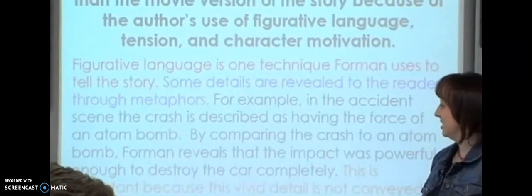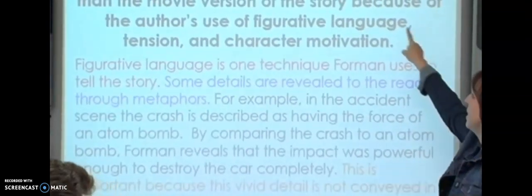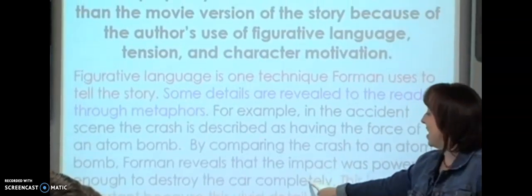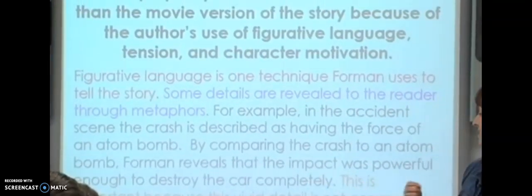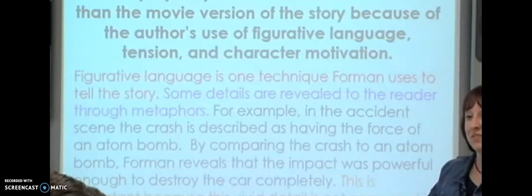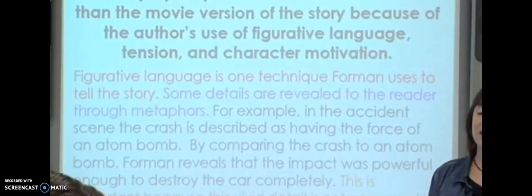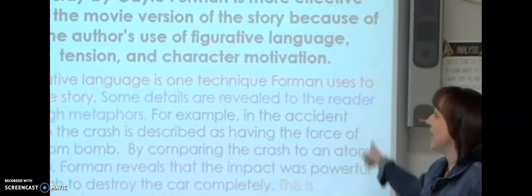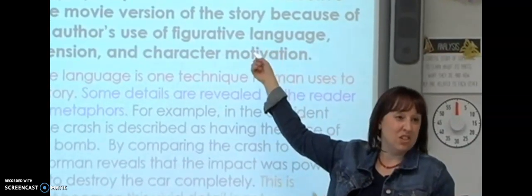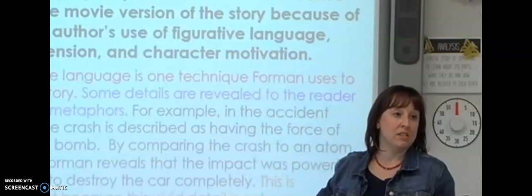I can add a sentence that now ties it back to that claim. So I decided to add that this evidence is important because this vivid detail is not conveyed in the movie. So I'm tying it back to the idea that my point is that the movie is not as good as what this piece of writing is.